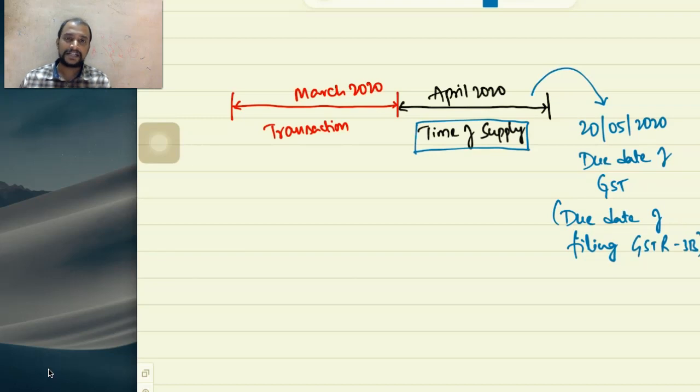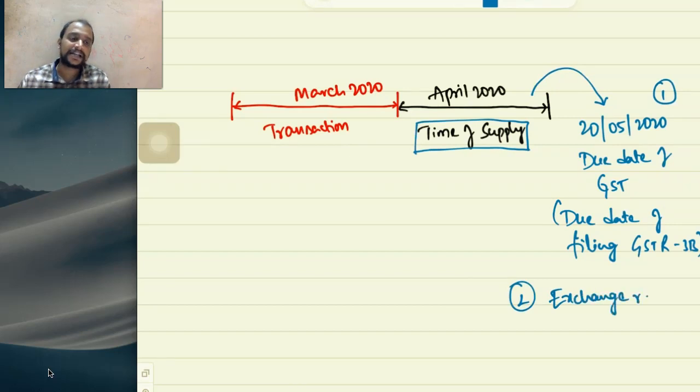If the due date of filing GSTR 3B gets delayed for any reason, then the due date of payment of GST also will get delayed.